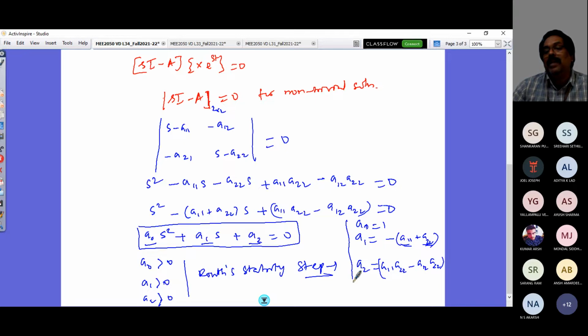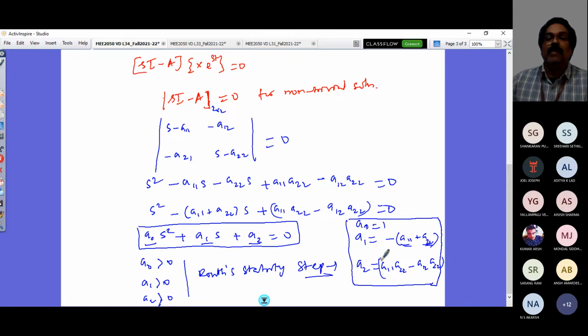So like this, you would be able to get the conditions required for stability of the linear time invariant system. So that's what is an advantage. Without having factors or the roots in hand, you would be able to talk on stability, absolute stability, and find out, if it is unstable, what are the influencing parameters from this criterion.